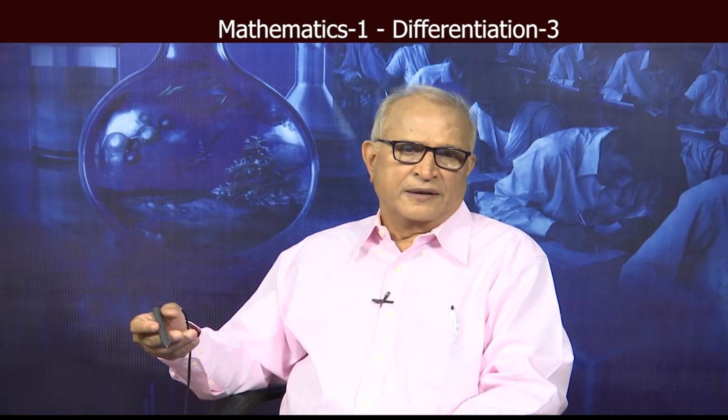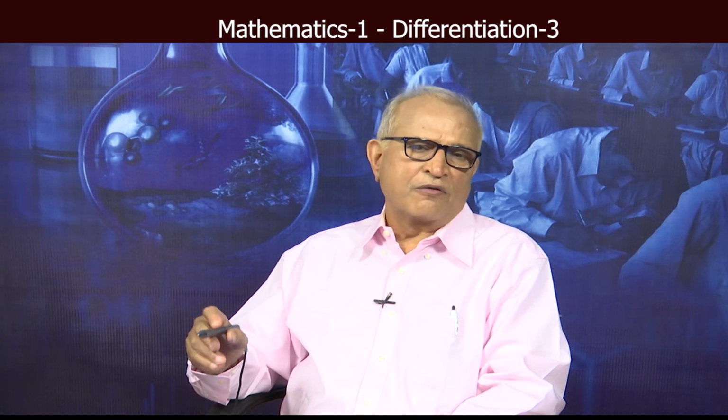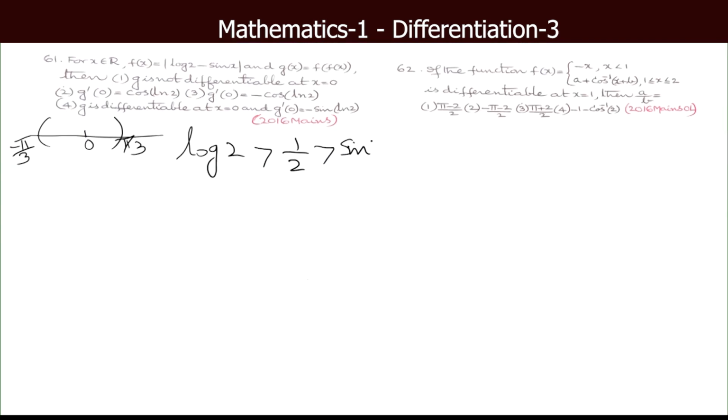So, therefore, log 2 lies between, the square root e lies between 1.6 and 1.7. Okay. So, there it is always greater than half, but half is greater than sin x whenever x lies in this neighborhood of 0. So, this is to ensure that log 2 is always more than sin x in a small neighborhood of 0 of radius pi by 3.